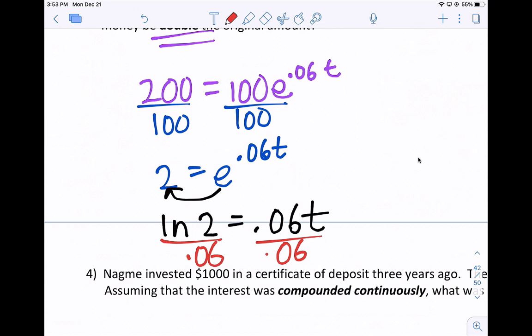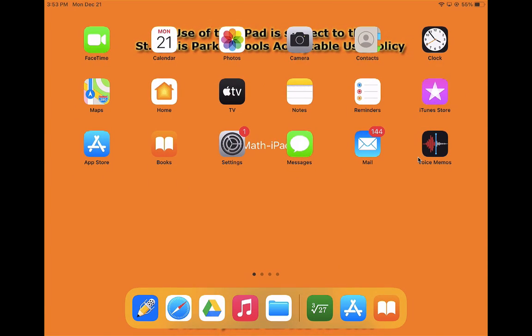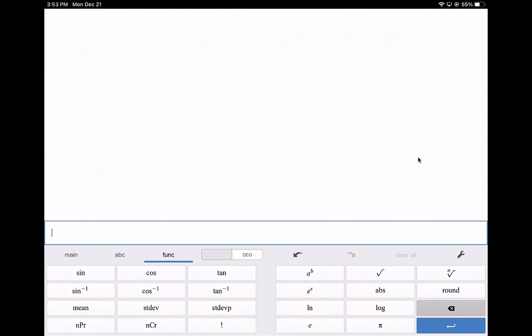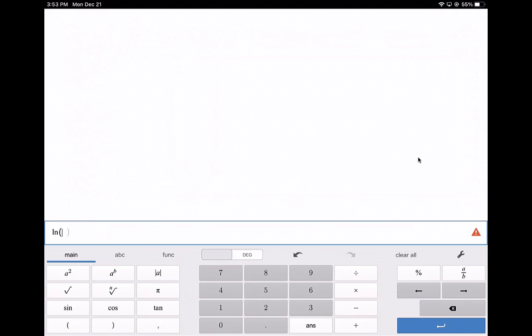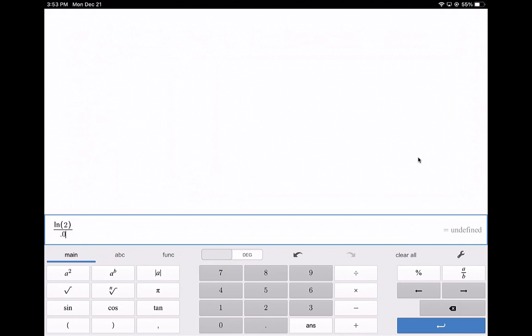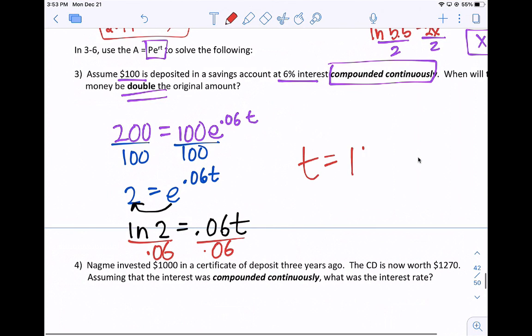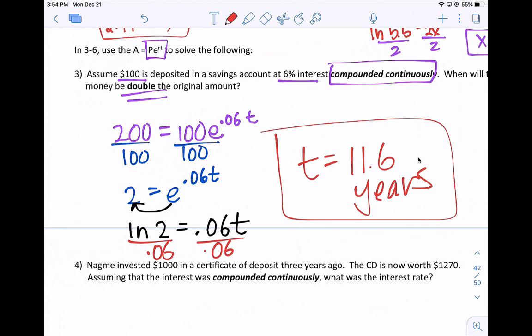So in my calculator, I'll type in ln of 2 divided by 0.06, and we get about 11.55 years, around 11.6 years. So after 11.6 years, our money will double if it's growing continuously at 6%.